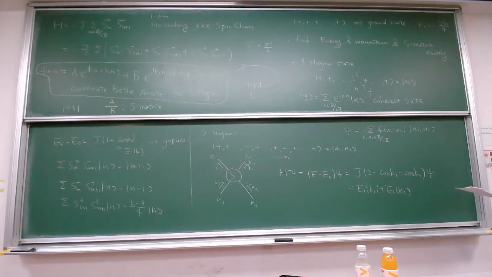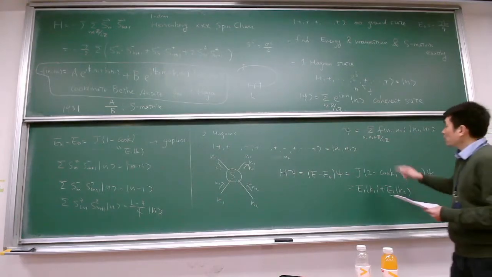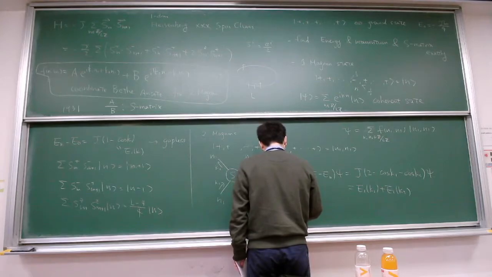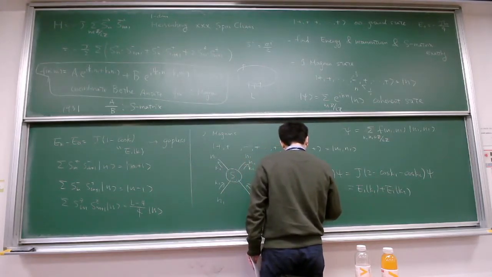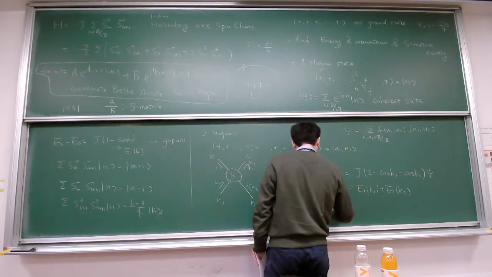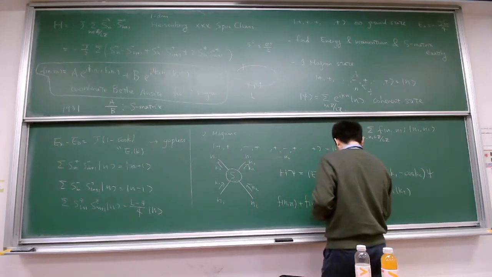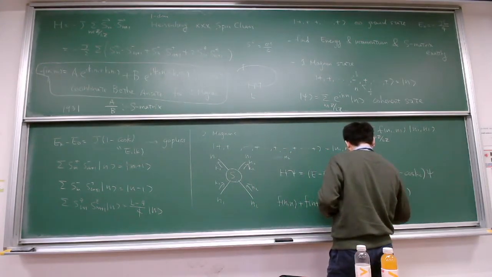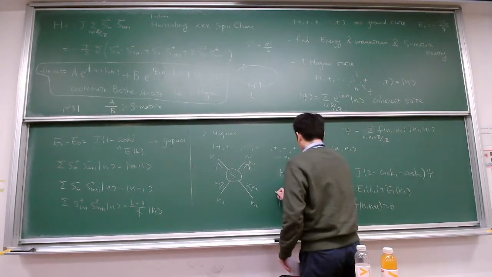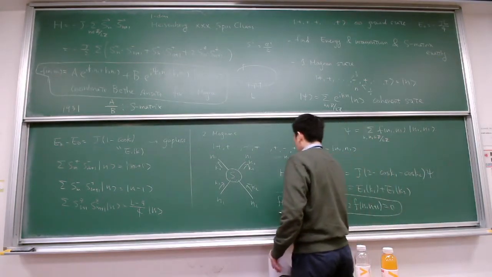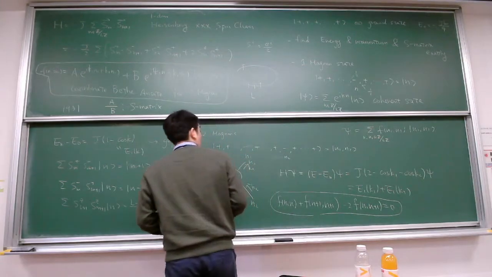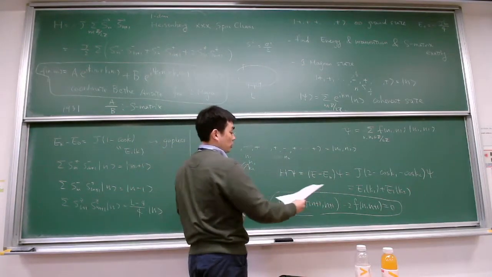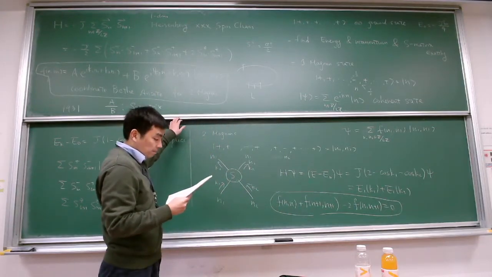So then what we have found is that this F(n1, n2) should satisfy the following combination, minus, by acting on the Hamiltonian, equal to 0. So that's what we have found last time. So this wave function should obey this condition.